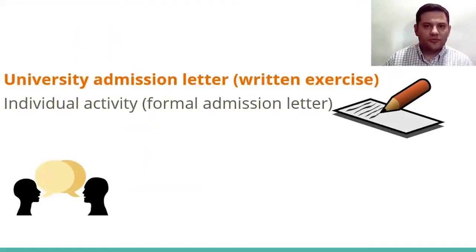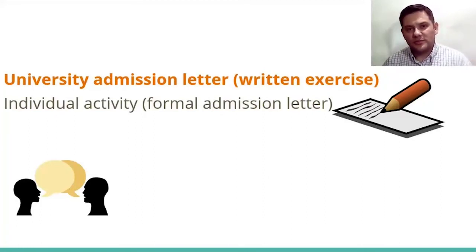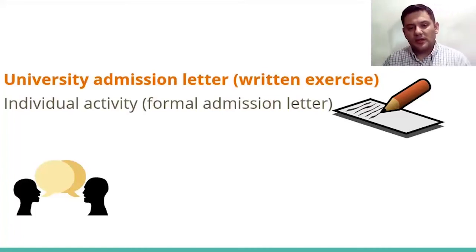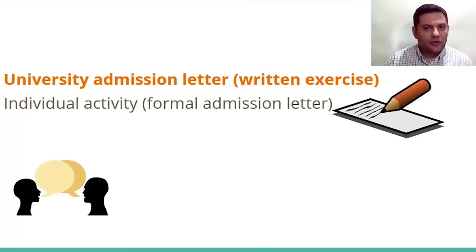In this activity, students write down an admission letter to a fictional university. They receive the rubrics beforehand, and the teacher also provides some formal expressions that can be written on the board, for example. However, students are encouraged to be creative about the reasons why they want to apply for that particular college.